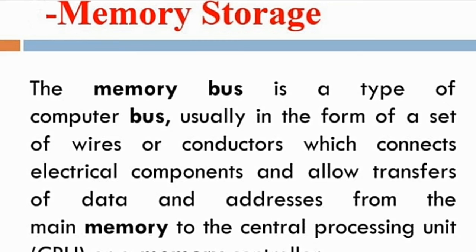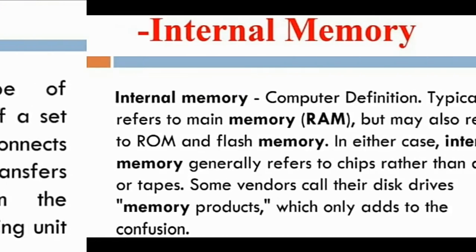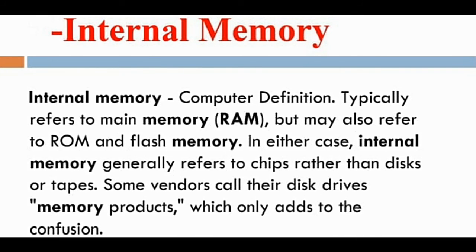Internal memory is known as the basic memory because it is present in the computer. But external memory can store data by using tapes, disks, and other devices like USBs, CDs, cassettes, etc. Let's study the internal memory of a computer.